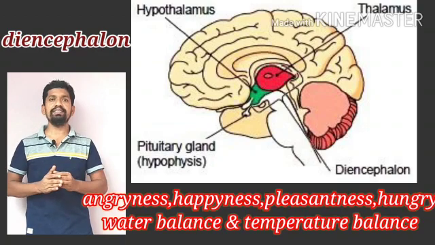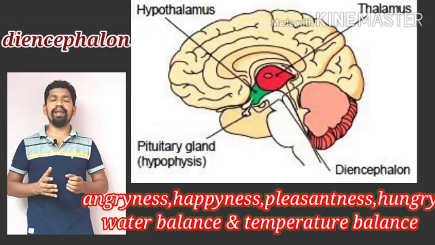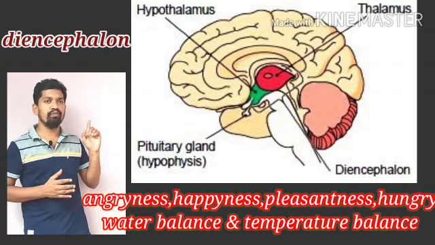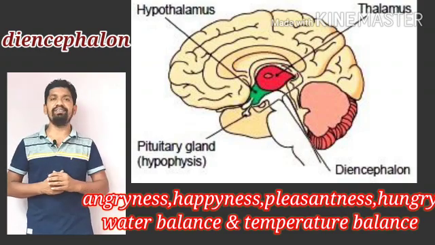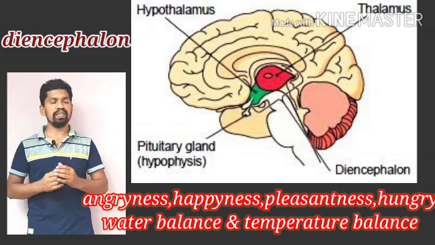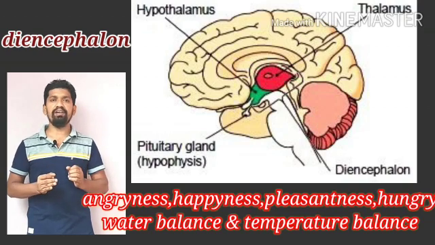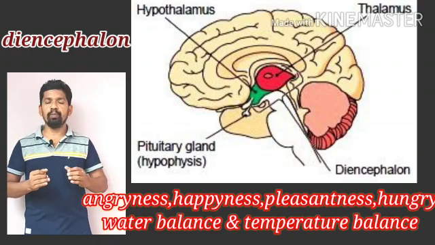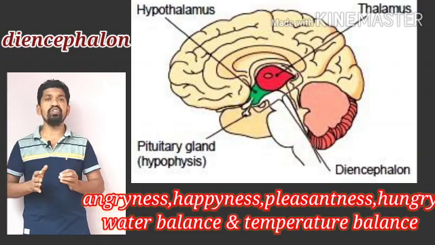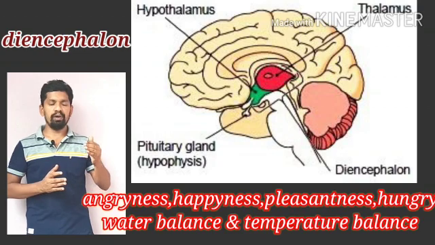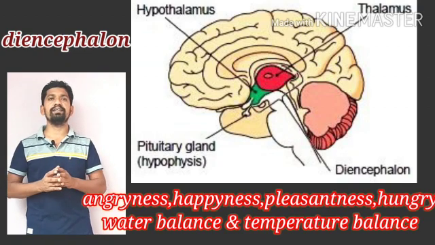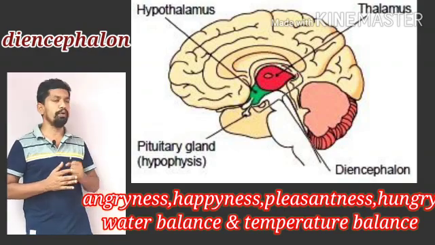So these types of emotions are controlled by the second part of the forebrain known as the diencephalon. So the cerebrum and diencephalon are the two very important parts of the forebrain.